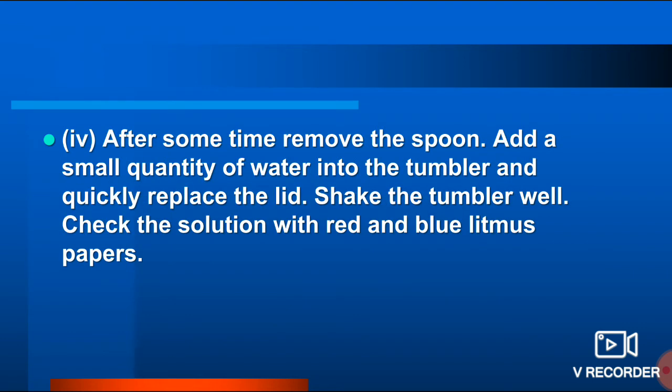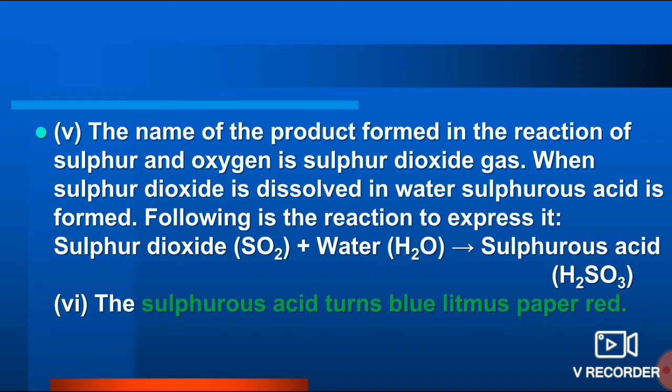If there is proper burning, we will remove the spoon and add a small quantity of water, so that we will get a solution. Again we have to shake the tumbler well to make sure that the gas produced inside the tumbler or glass jar is mixed with the water. And if we check it with red and blue litmus paper, what will be the finding?